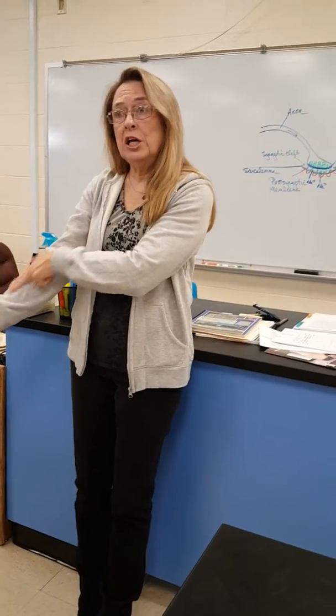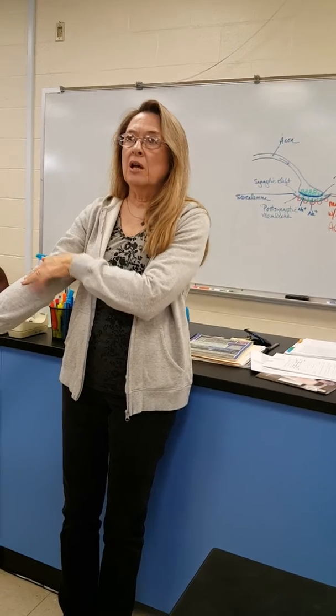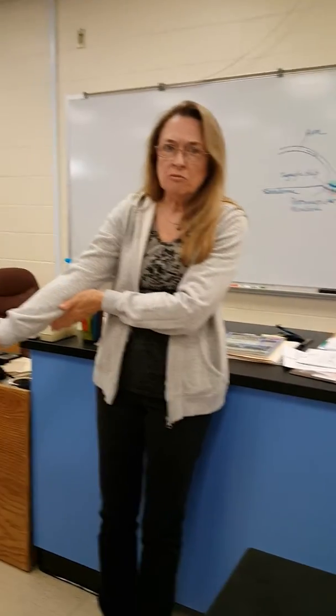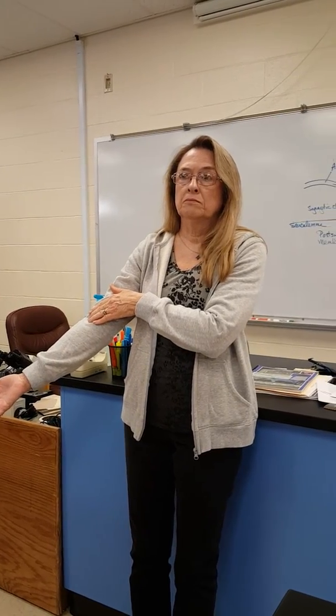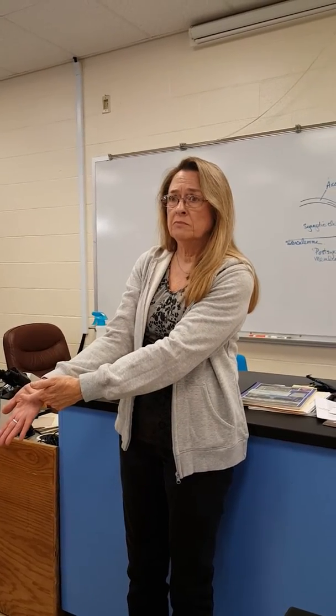Flexor carpi radialis. We're going to keep moving around towards the elbow. The next one is your palmaris longus. Do you see that? And it stops right here, doesn't it? Can y'all find it? What's the number? 47? Does everybody agree?